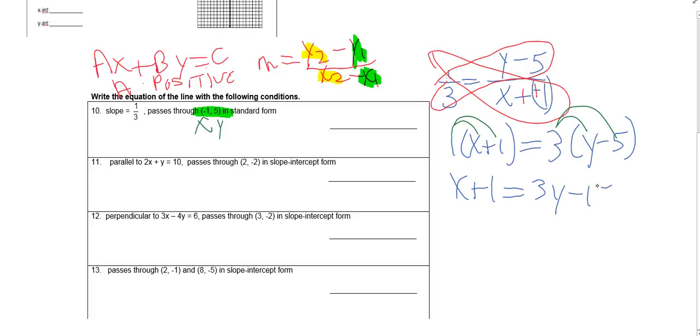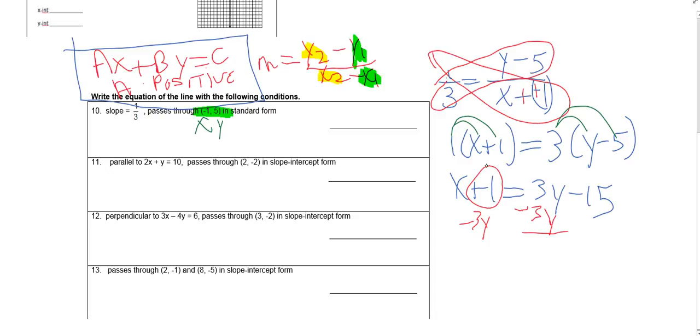minus 15. And then going back to our standard formula, the x is already on the left, so we simply need to move that quantity 3y over by subtracting 3y, not dividing, but subtracting. And then at the same time, of course, we can move the plus 1 over by subtracting 1.